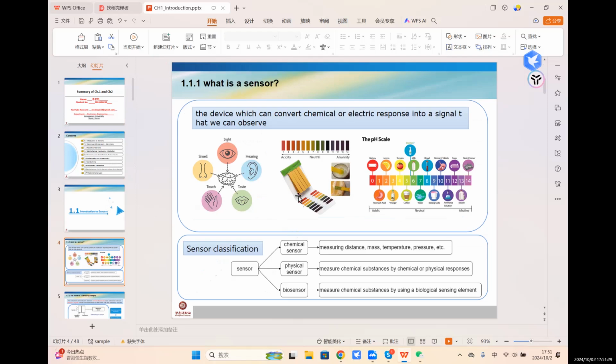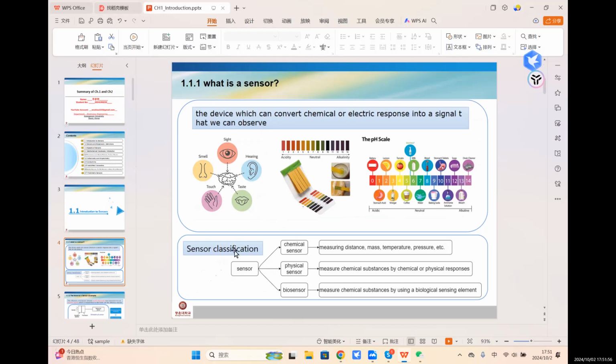And sensor classification. Sensors include three classifications. First, physical sensor includes measuring distance, mass, temperature, pressure. Chemical sensor includes measuring chemical substances by chemical or physical responses.